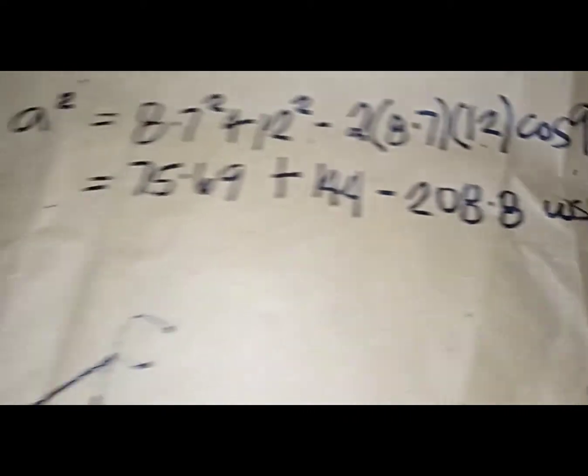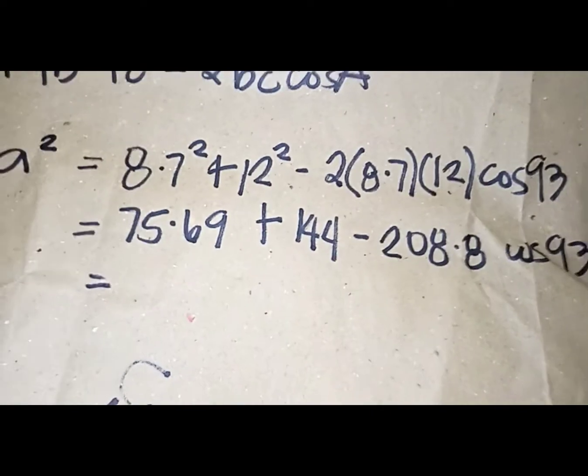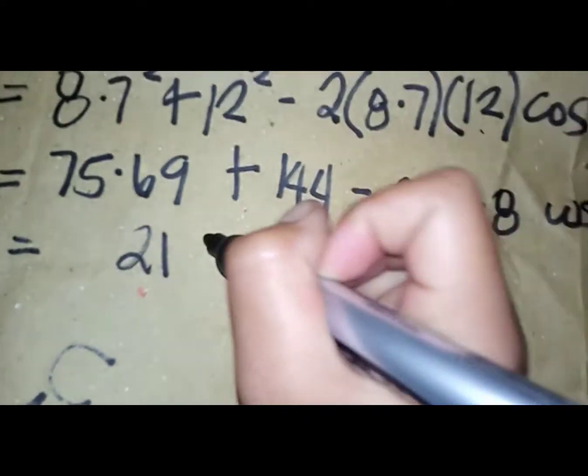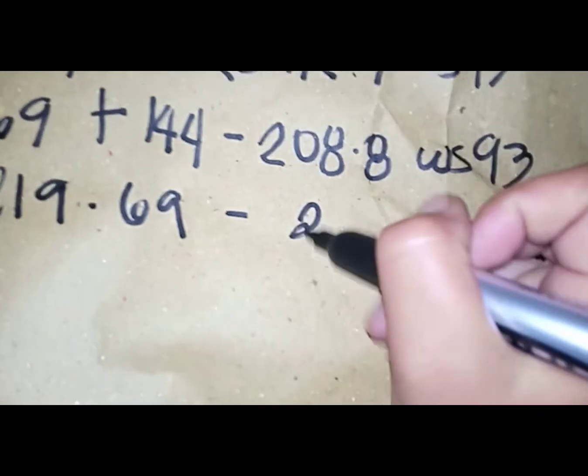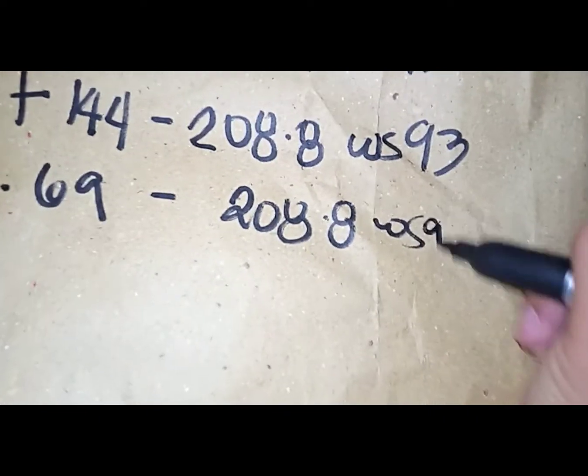And then proceed to addition. 75.69 plus 144 is equal to 219.69 minus 208.8 cos 93.